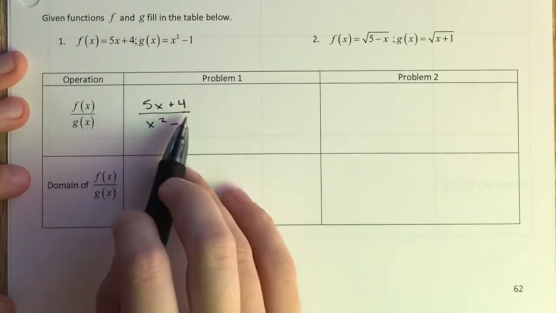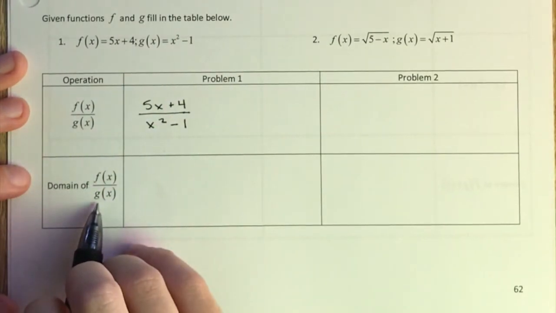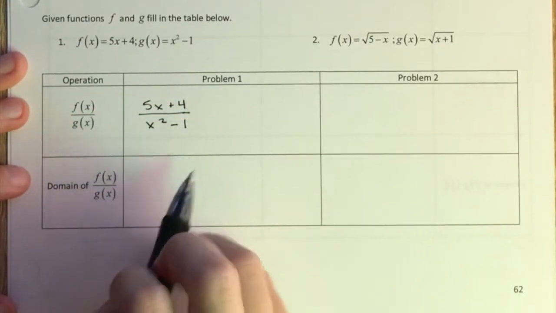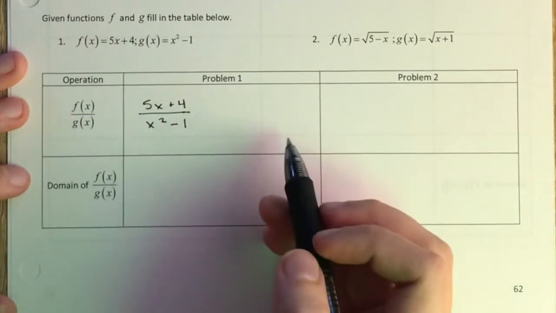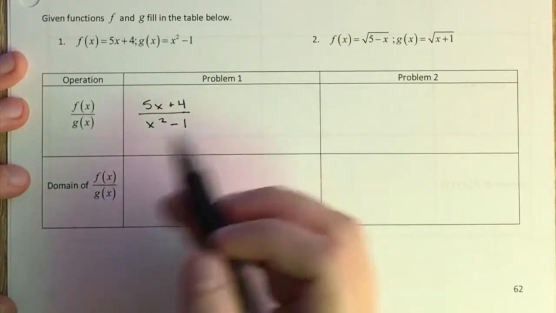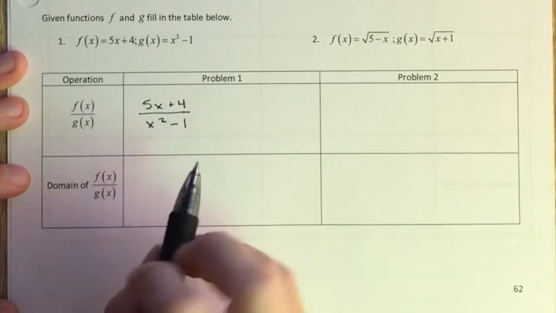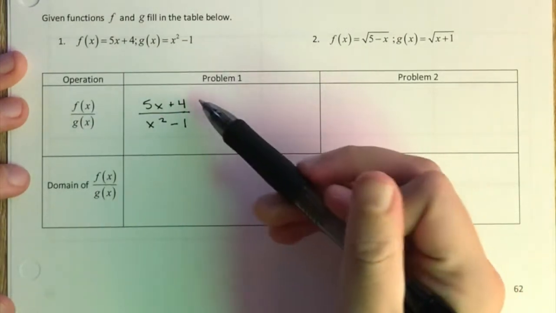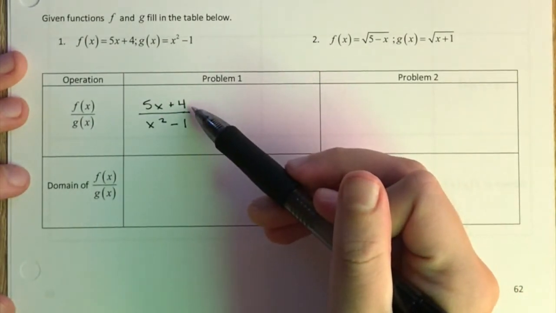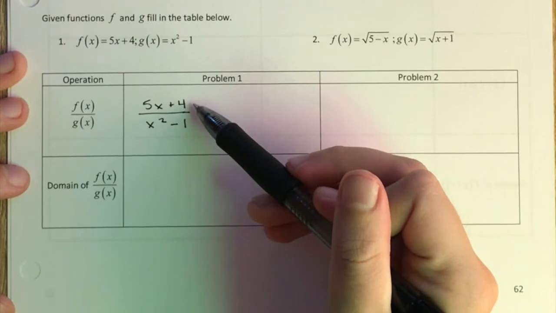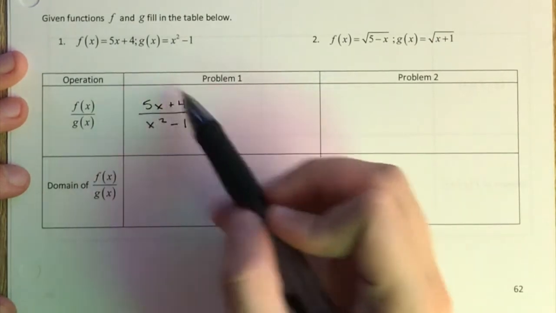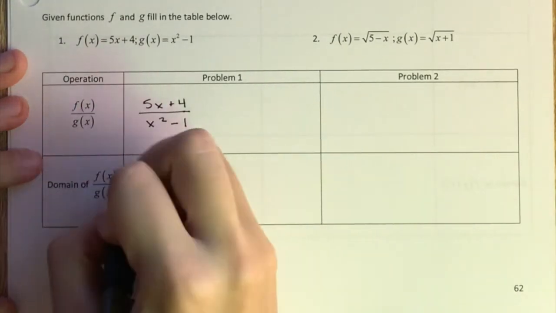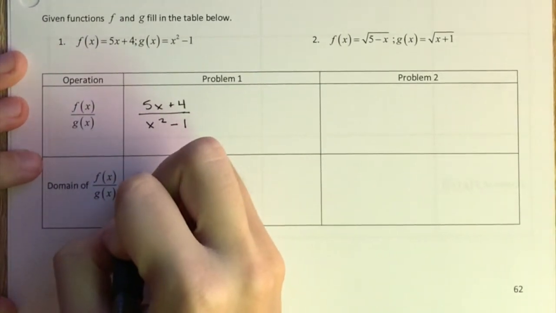What is the domain of this function? Well, we can look at the function itself and find the domain because we haven't changed it at all by simplifying. It looks like it's all real numbers because the numerator has no even roots. Our denominator, we need to figure out where it's equal to 0.